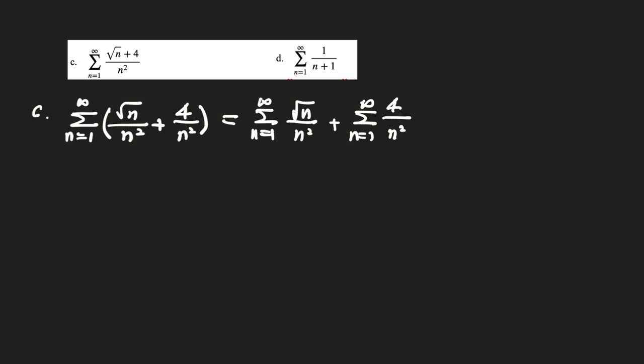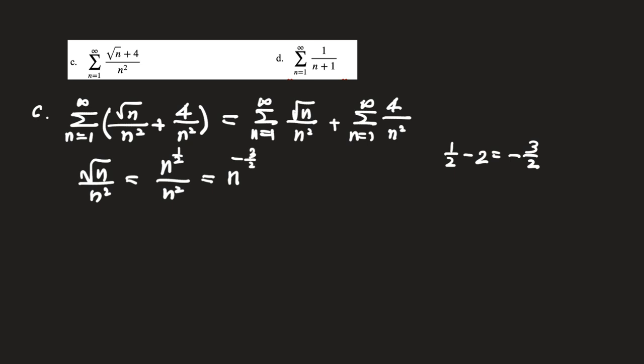The first one is square root n over n squared. Let's simplify the exponents: n to the 1.5 is wrong, it is n to the 0.5 over n squared, so 0.5 minus 2 is negative 3 over 2. So this is n to the negative 3 over 2, or another way, 1 over n to the 3 over 2.